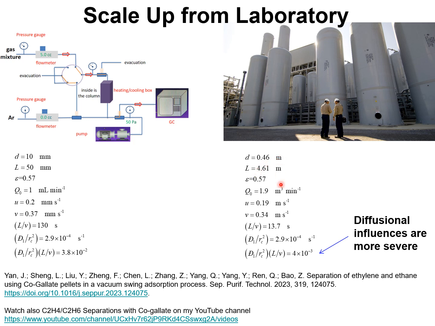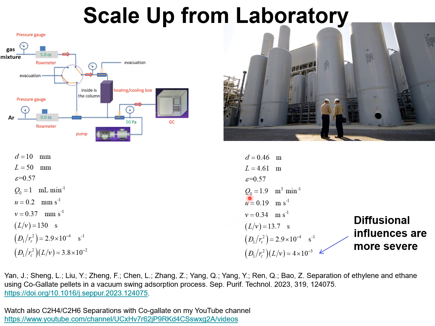The height of the column is 4.61 meters. That should be compared with 50 millimeters in the laboratory. The voidage of the packed bed, again packed with the same cobalt gallate pellets, is 0.57, identical to the one used in the laboratory scale.